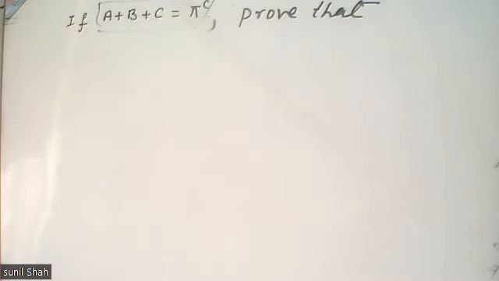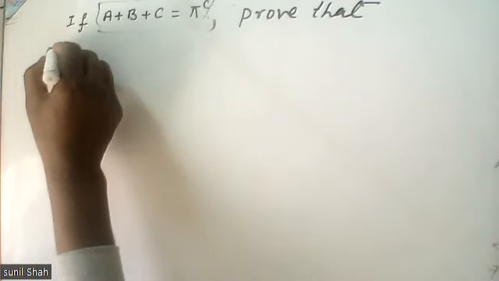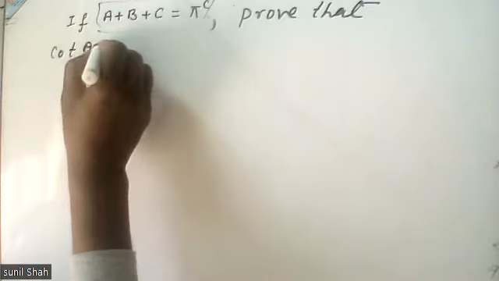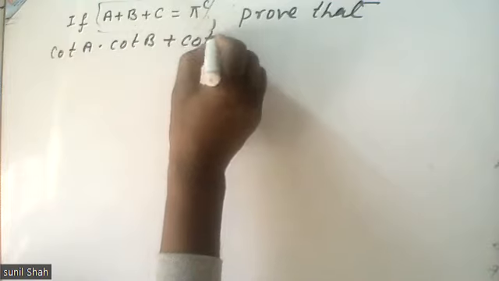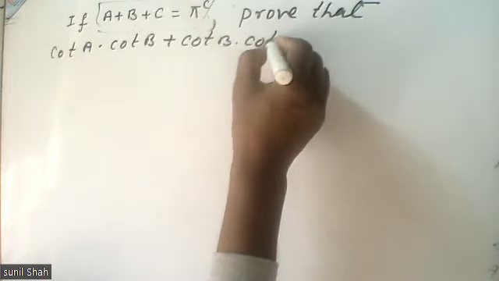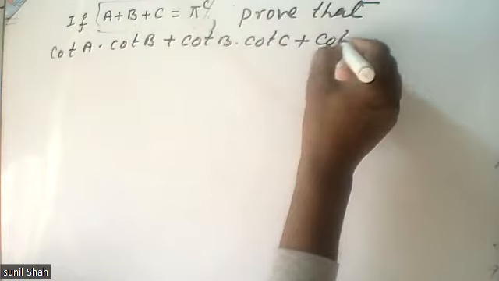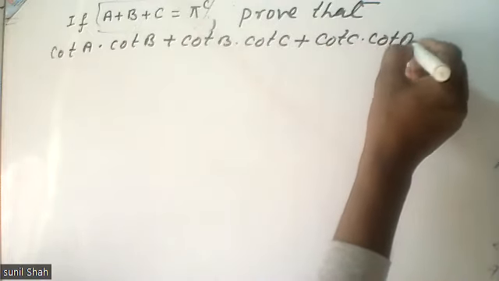Here, if A plus B plus C is equal to pi, prove that cot A into cot B plus cot B into cot C plus cot C into cot A is equal to 1.